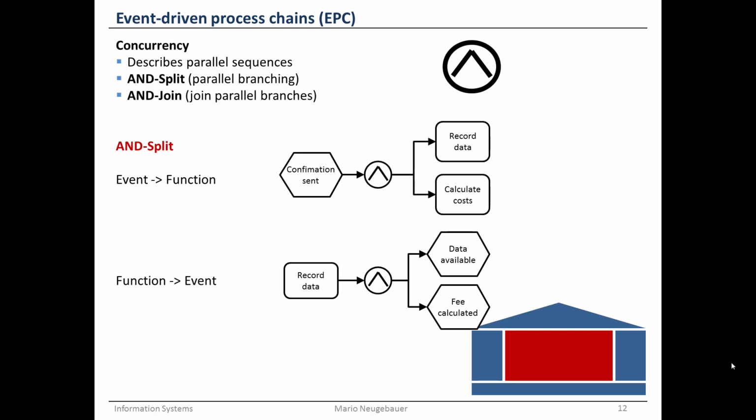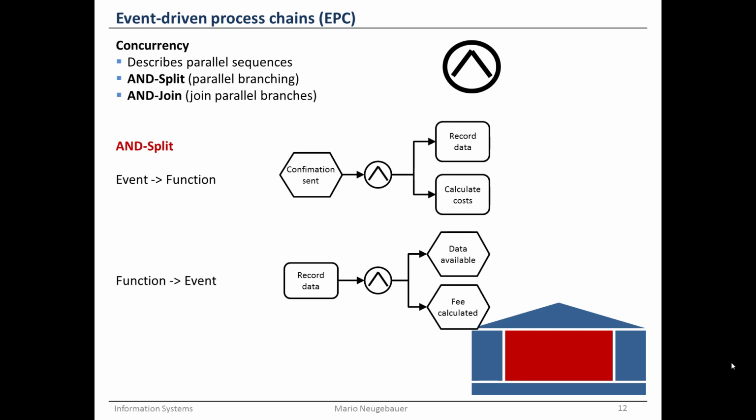Another possibility would be the second one, that you perform some function, and after you perform the function, you don't immediately come to an event. Maybe you have an AND split and you come to two different events. Two different events, which then might be followed by functions also.